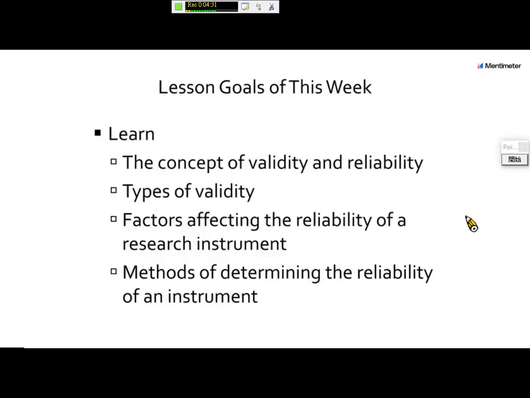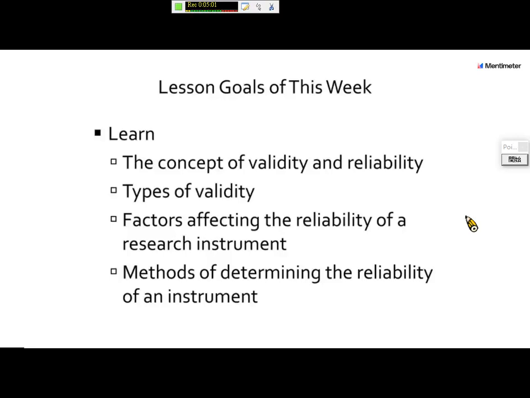But in the end, I present a set of very ridiculous findings. Why does this kind of trouble happen? Because I started with an invalid research instrument. Very simple. So the research instrument needs to be valid. And of course, how to create a valid research instrument is very important, right?